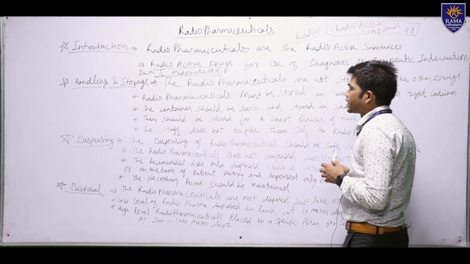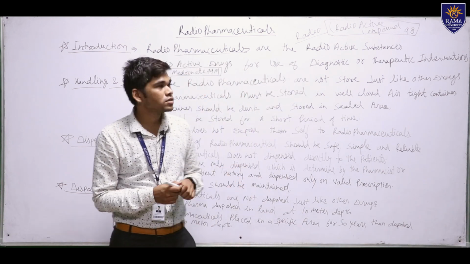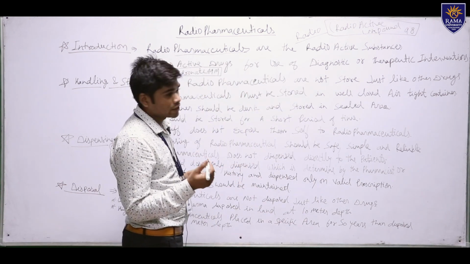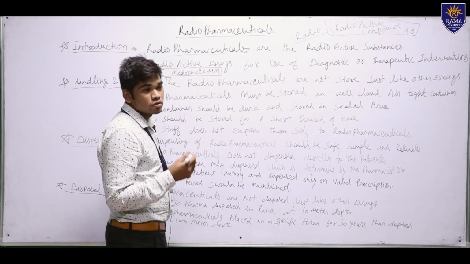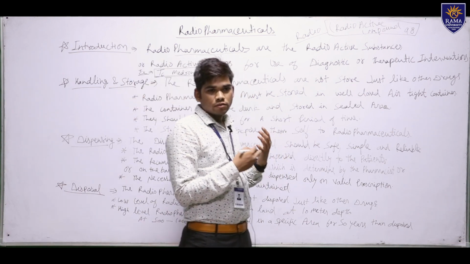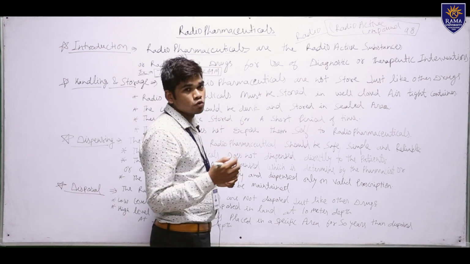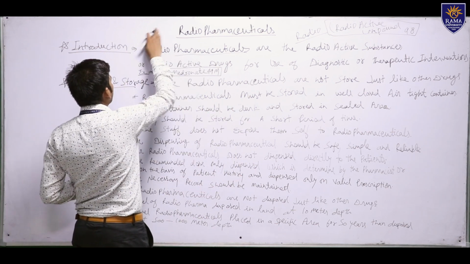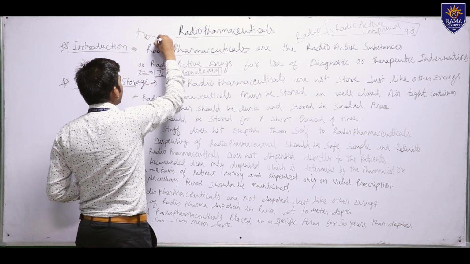So what is radio? Radio means the compounds are radioactive, meaning the compounds are heavy in weight. To balance their weight, they emit three types of waves: alpha, beta and gamma.